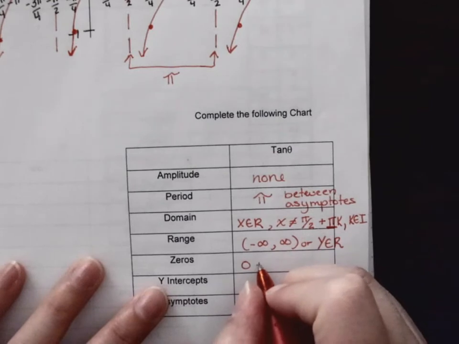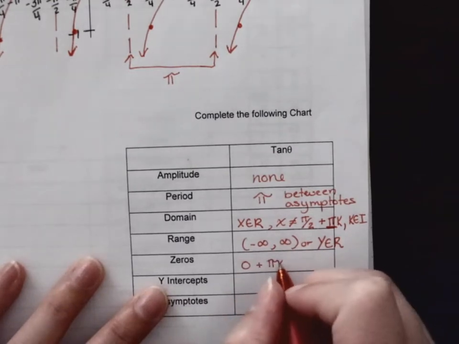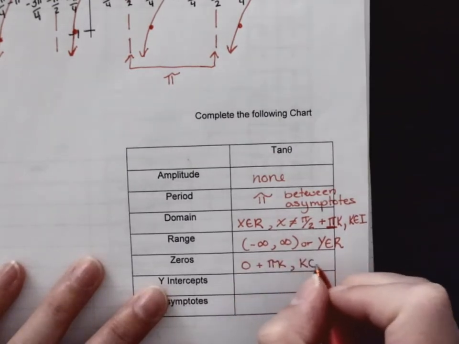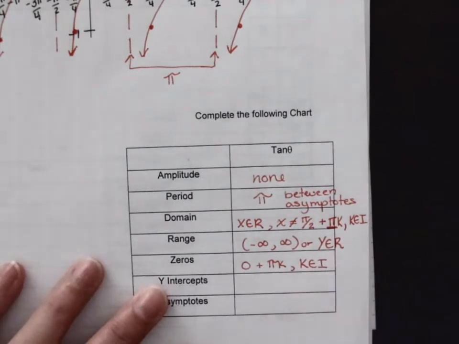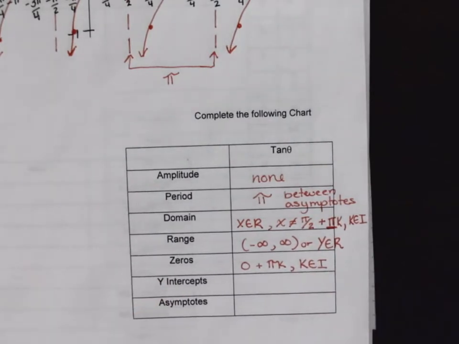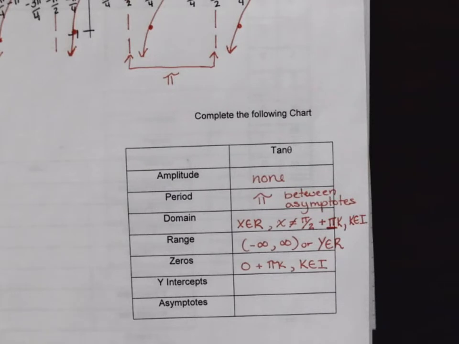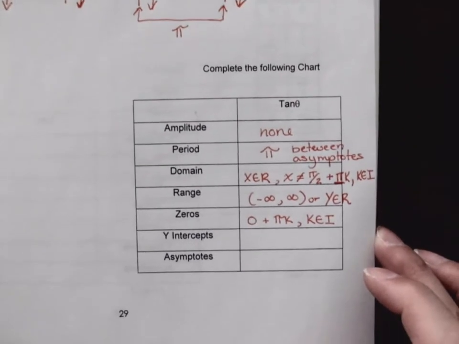So we are going to add pi k, where k is an element of the integers. Integers just mean we're dealing in whole numbers, both positive and negative, because you can't add half a pi and be at a 0. If you were to do R, that would be any fraction, which would be bad, which wouldn't get you to where you want to be.